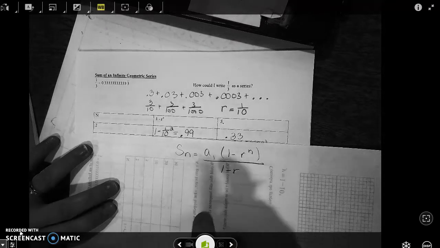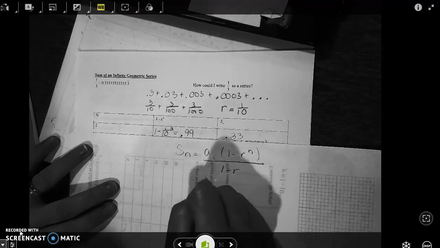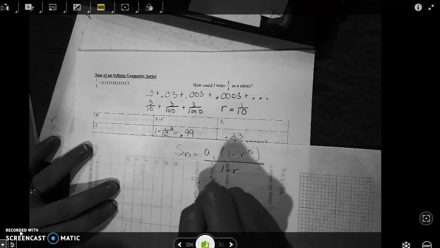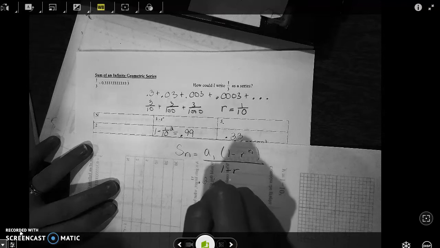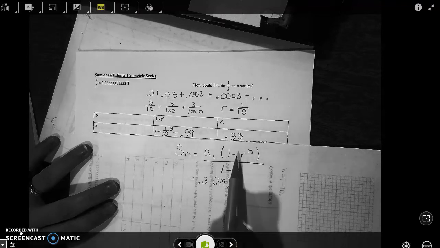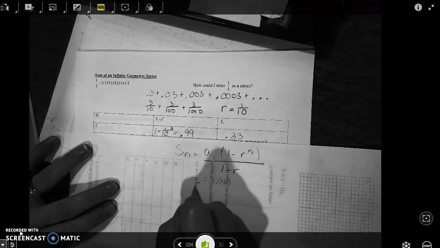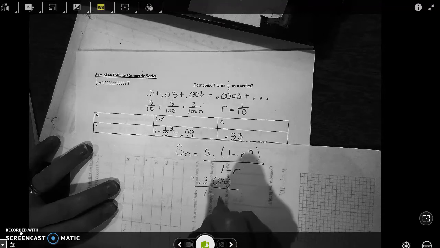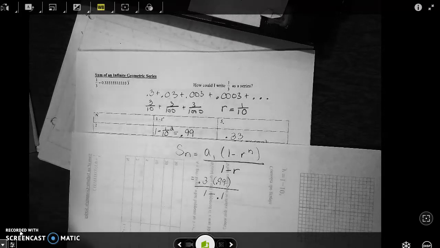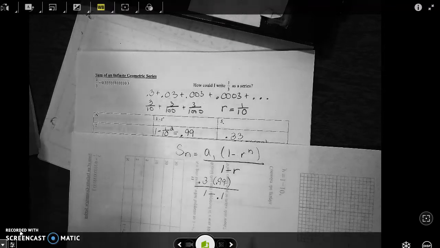Then I would plug that into my formula, so 0.3 times 0.99, because I already calculated what 1 minus r to the n is, over 1 minus r, and again r is 1/10 or 0.1. We can type that into our calculator to verify that we get 0.33.